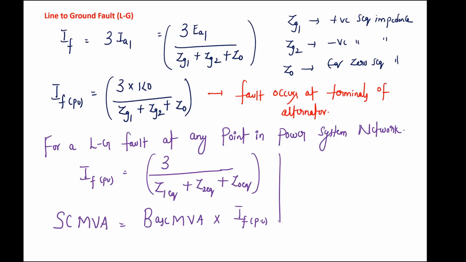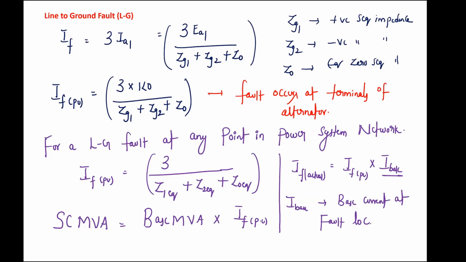So if someone asks you for actual current, IF actual will become IF per unit into I base. So the base current we have to calculate at the fault location.